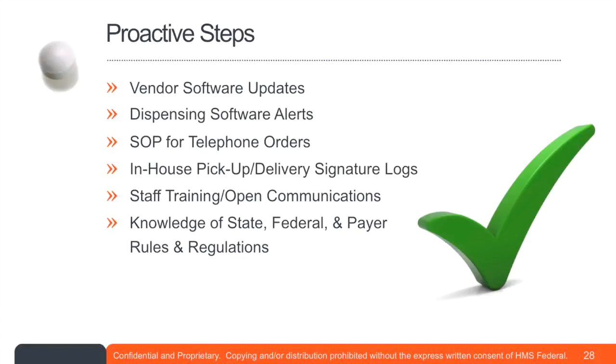The vendor can adjust your software so that when that refill too soon comes up, maybe it isn't able to be overridden. Maybe it needs to be signed off by a second person in the pharmacy before it's overridden. Just suggestions that may help.